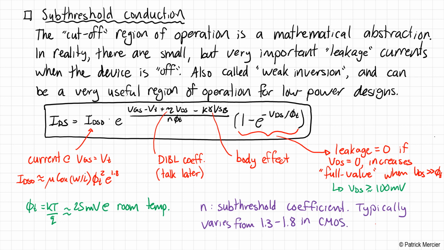Interestingly, n equals 1 for a BJT, or in other words, it doesn't have this additional subthreshold coefficient. And there's a very good reason why that would be the case from a transistor physics perspective.